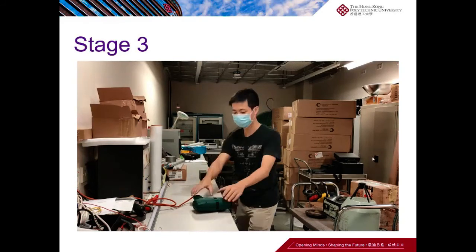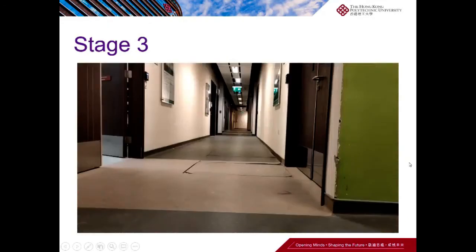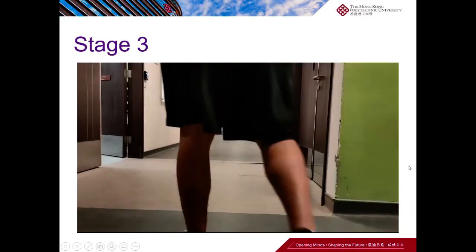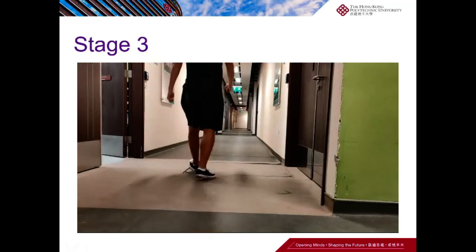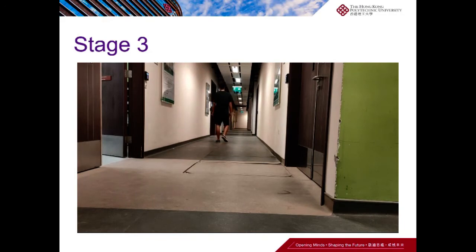And then move to step 2. The step 2 is to find the distance that the participants cannot hear the voice of the cassette tape clearly.